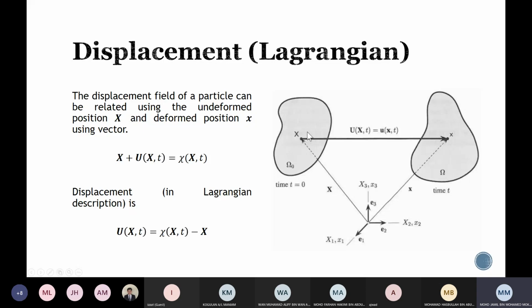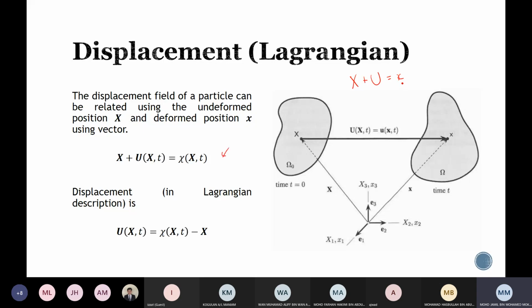So we can relate these three vectors, big X, u, and small x, using a vector relationship. Okay, so big X plus u equals x. This uses the triangle that I showed in week 1. So you can rewrite this as this.